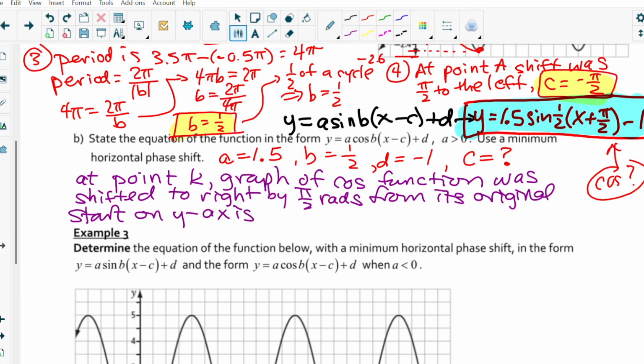We know that because that's how a cosine function works. Therefore, c equals pi over 2.